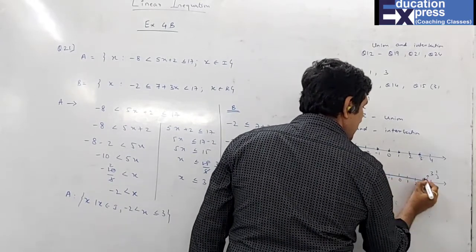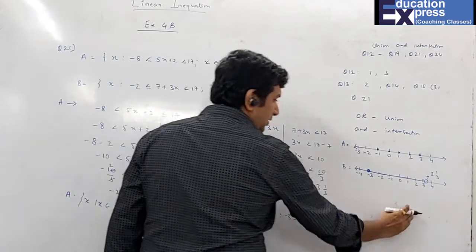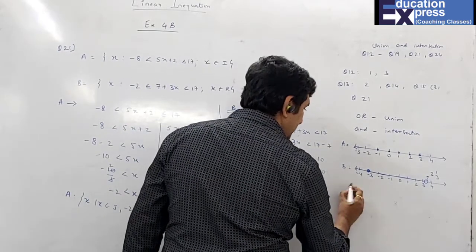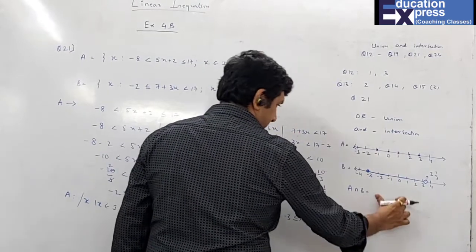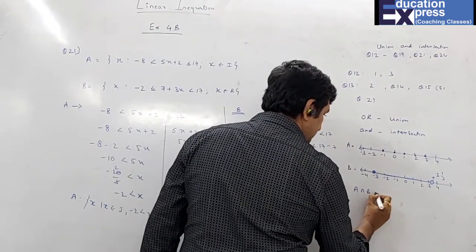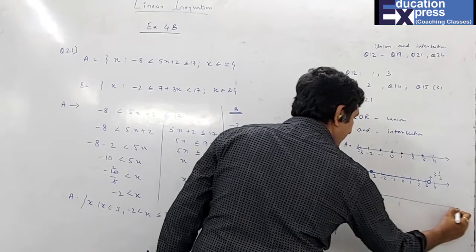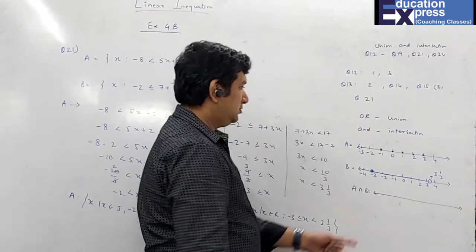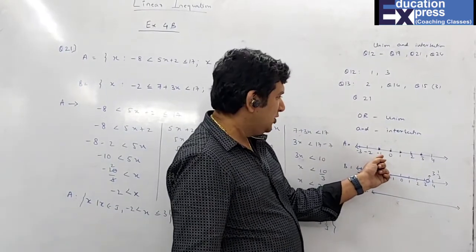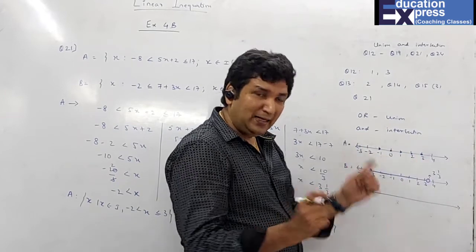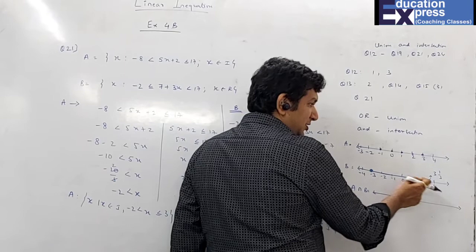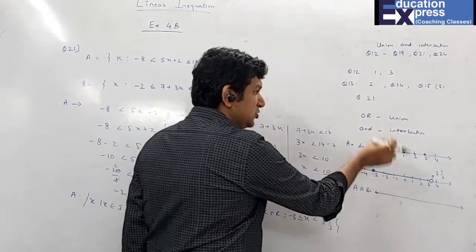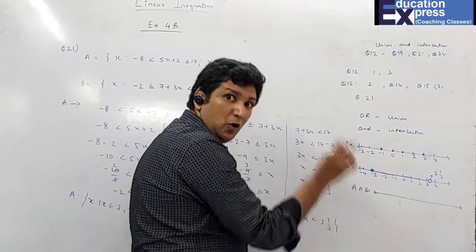Now students, a very important part: A intersection B. Can you see that both of them have -1 to 3 common? But here in B all the numbers are included, from -1 to 3, while for integers only -1, only 0, only 1, only 2.